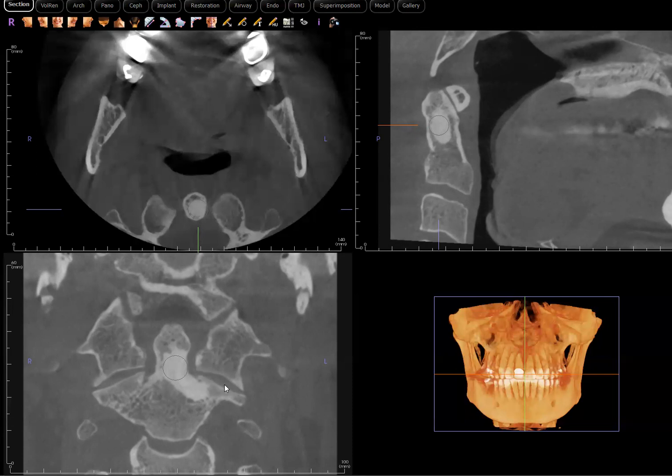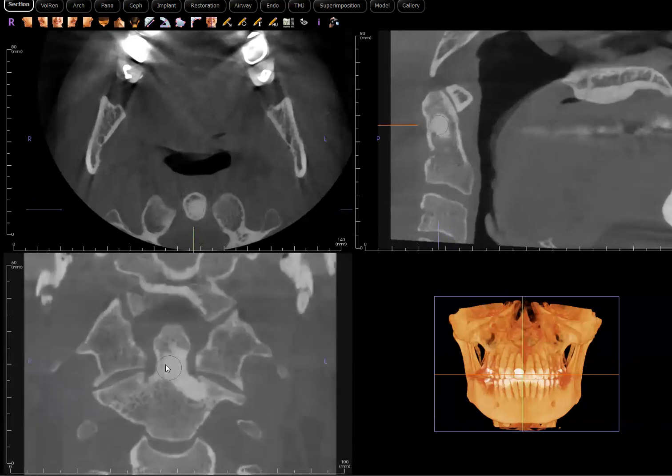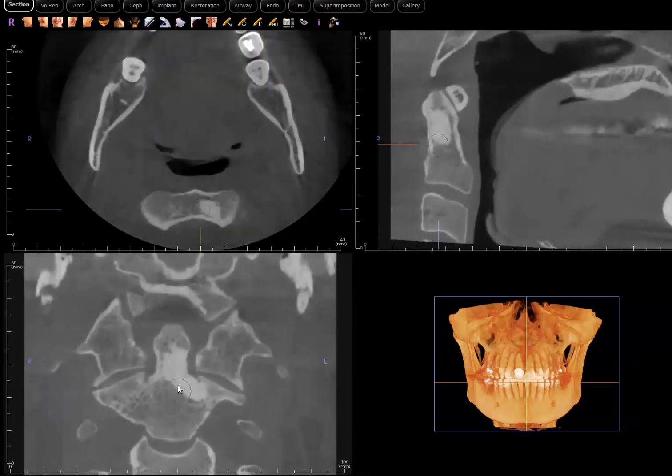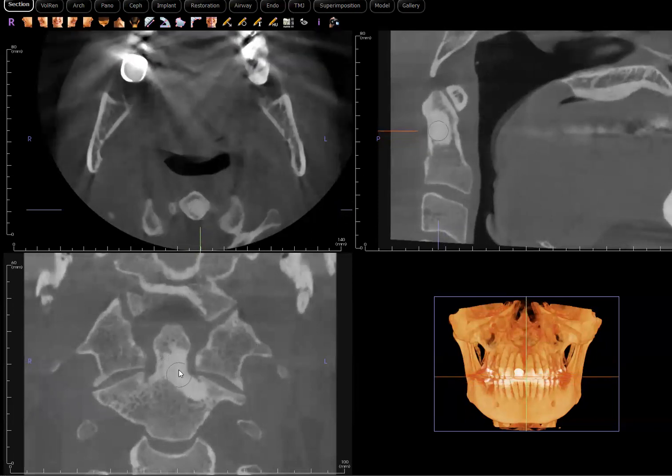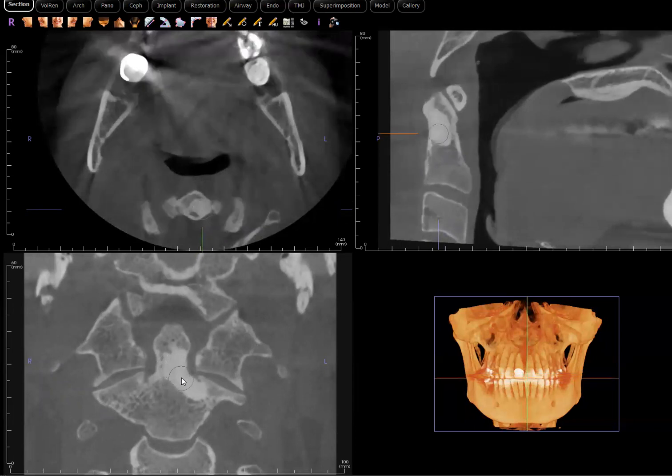Also, we can ask whether the patient has had regular mammograms done to rule out breast cancer, and if she hasn't, this might be a good time to have that test done. So that's what I wanted to share with you, and I think that is the main takeaway point from this unusual and yet interesting radiopacity in the cervical spine.